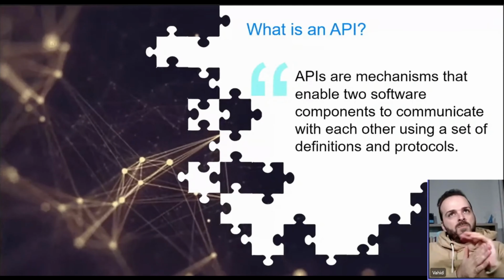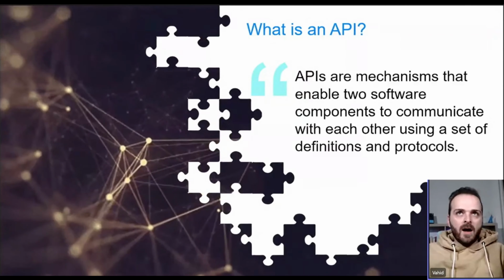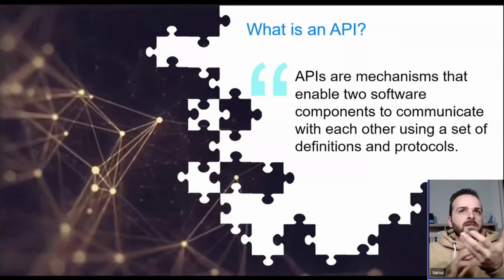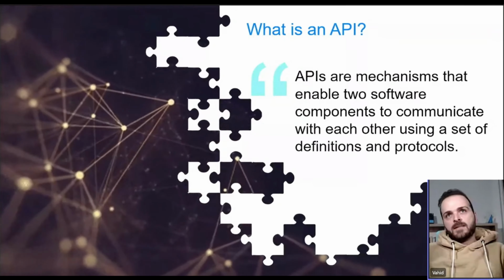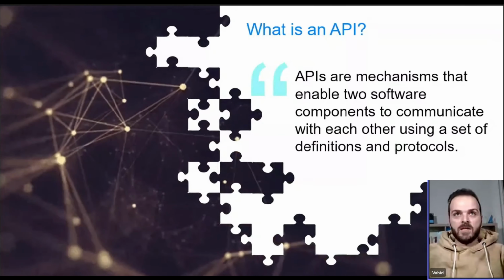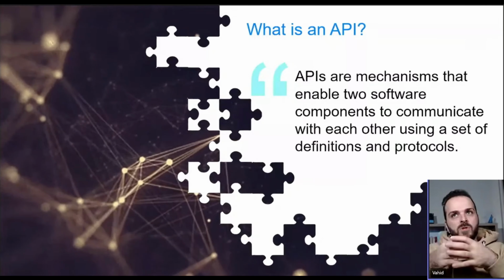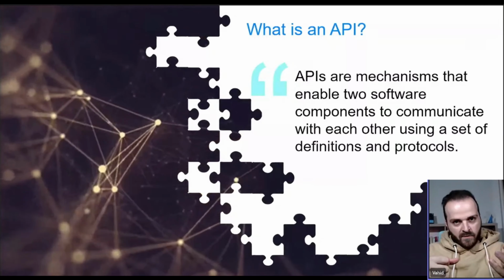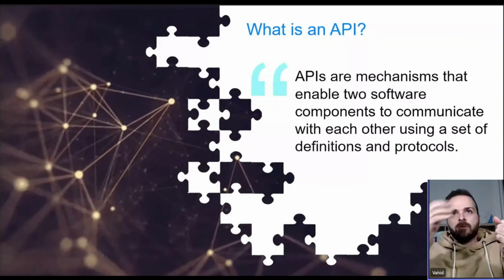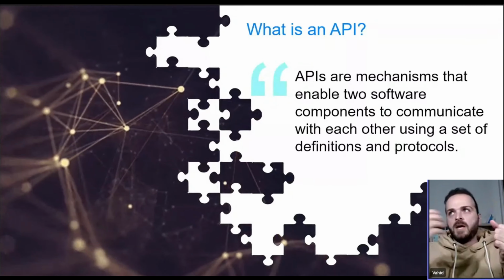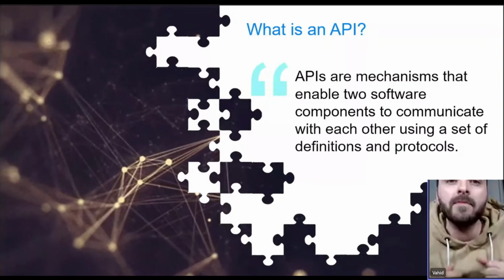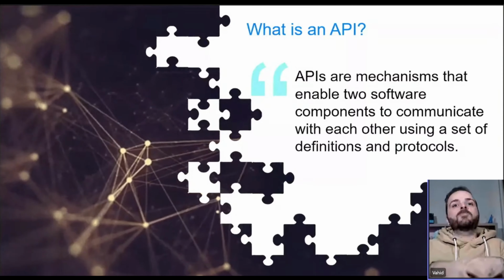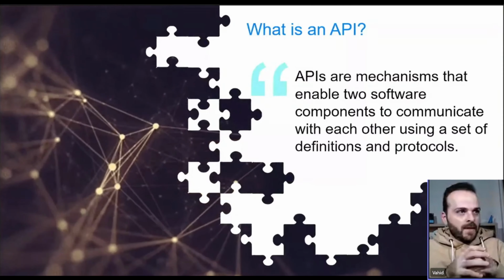So what is an API? APIs are mechanisms that enable two software components to communicate with each other using a set of definitions and protocols. It's a software to software interface. It's not people going to the software, pulling information from the other software and importing the data there, or putting some info there or getting some info there.